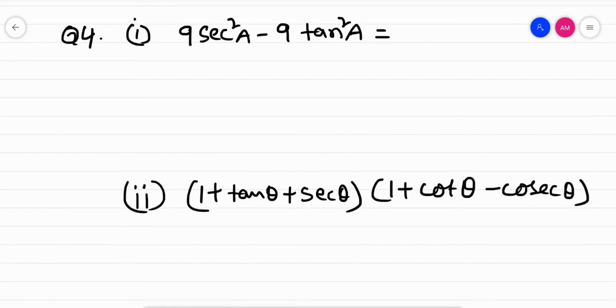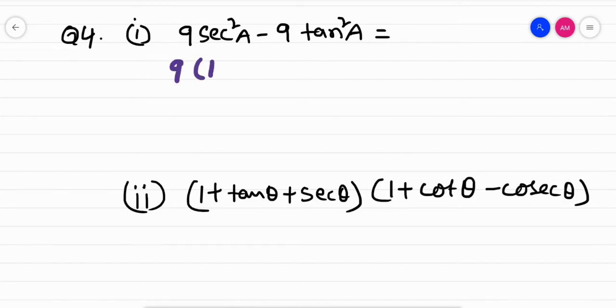What is the value of 9 sec square A minus 9 tan square A? See here, you know that 1 plus tan square A is equal to sec square A. Simply use that identity.